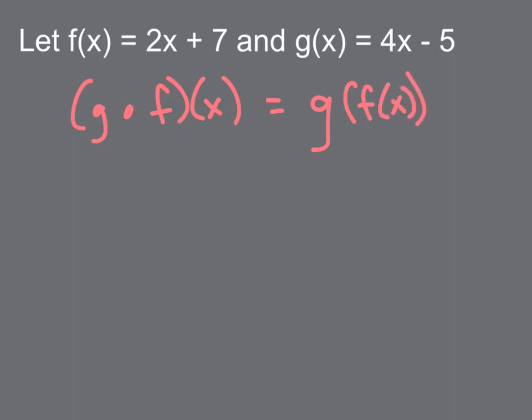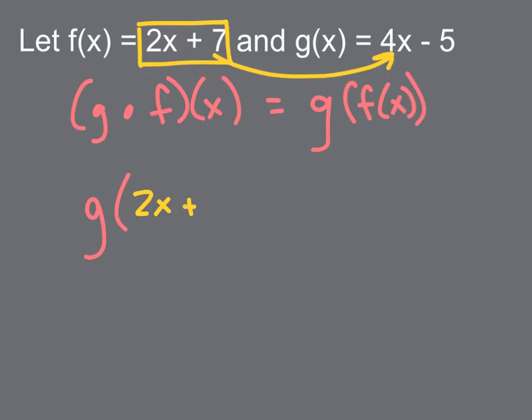And so what we're going to do on this example is take our function f and plug that into our function g, okay? So let's rewrite this as g of 2x plus 7, okay? Because that's our function f, and let's just go ahead and plug that into our x value of our other function.